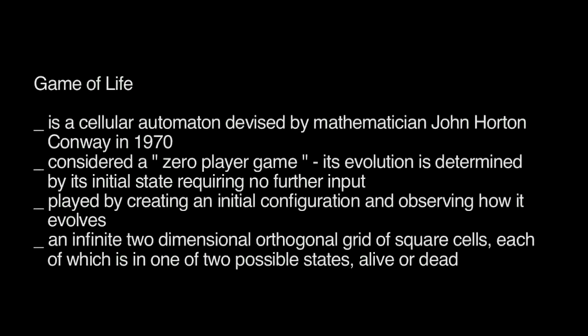It's an infinite two-dimensional orthogonal grid of square cells, each of which is either on or off. Its interactions are only based on its surrounding 8 neighbors. Births and deaths occur simultaneously. Rules are applied continuously and create further generations.